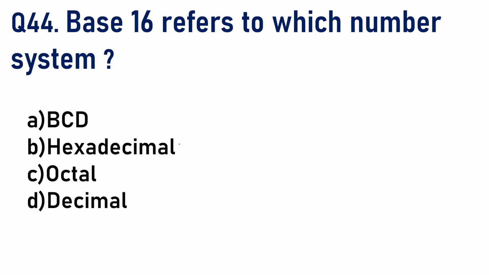Then we'll go to question number 44. Base 16 refers to which number system? When we studied digital electronics, the various number systems: the binary number system has a base of 2, and it has only two digits which can represent every number, 0 and 1.